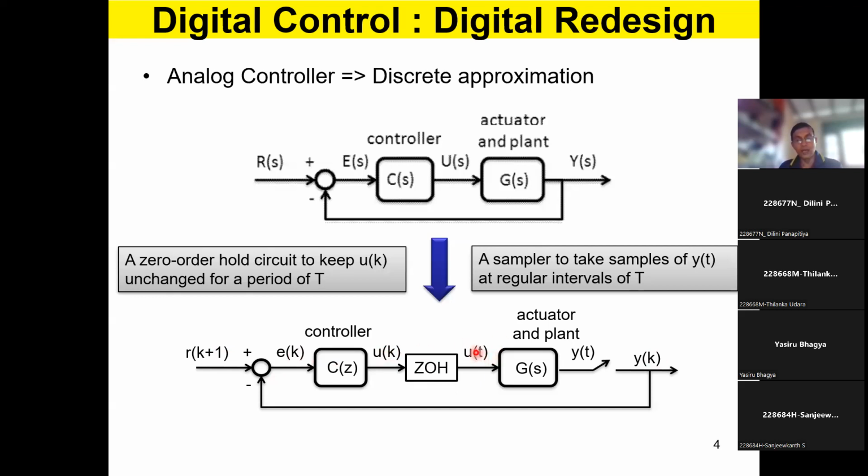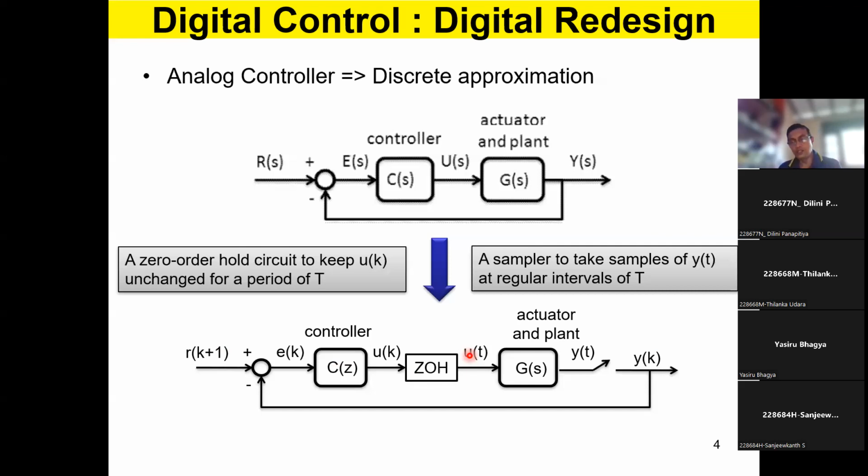And on the continuous timeline, you hold a different value. It can be bigger than the previous value or smaller than the previous value. So this way, you can properly operate a continuous time plant and control it with a discrete time controller.